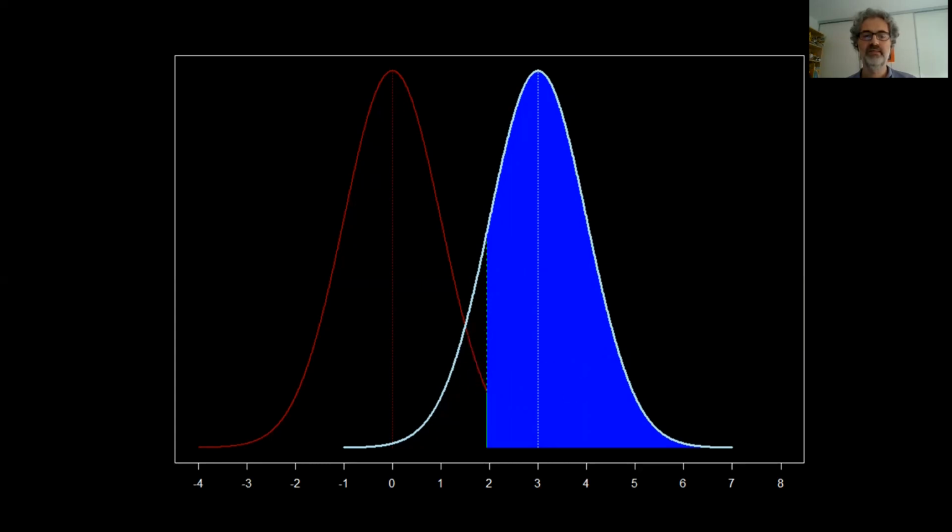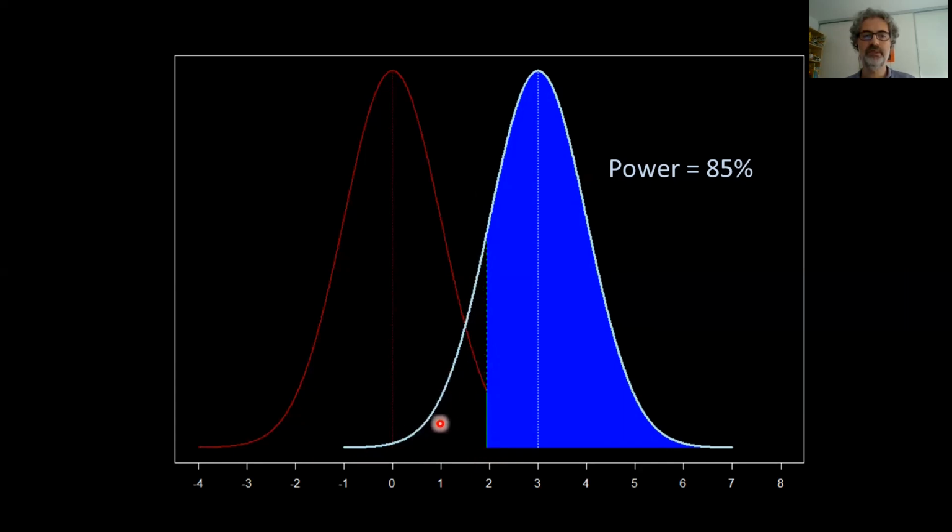How big is this? Well, this turns out to be 85%. So the way these are drawn right now, the power to detect this true effect is 85%. Still, you will not be able to reject the null hypothesis 15% of the time, because although you're sampling from this distribution, which is 3 standard errors away from the null mean, you can still get a sample that is within this region, which is below the criterion set by the null.